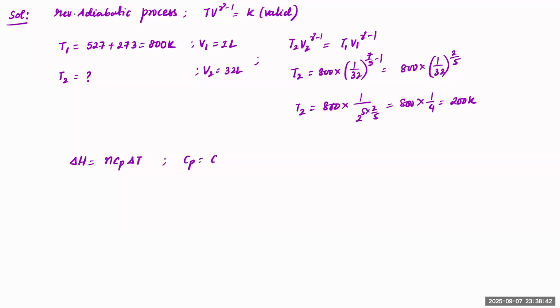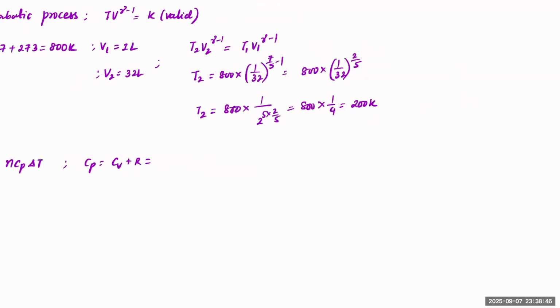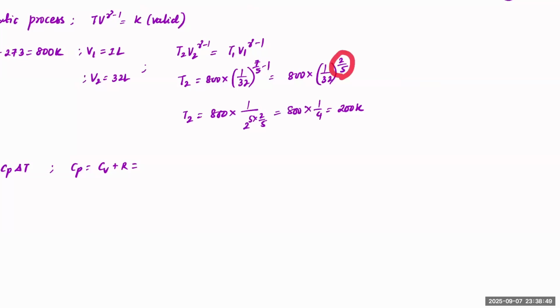Cp is equal to Cv plus R. And you know that this is a diatomic gas. So if gamma is 1.4, which is 7 by 5, then Cv has to be 5R by 2 and Cp has to be 7R by 2.